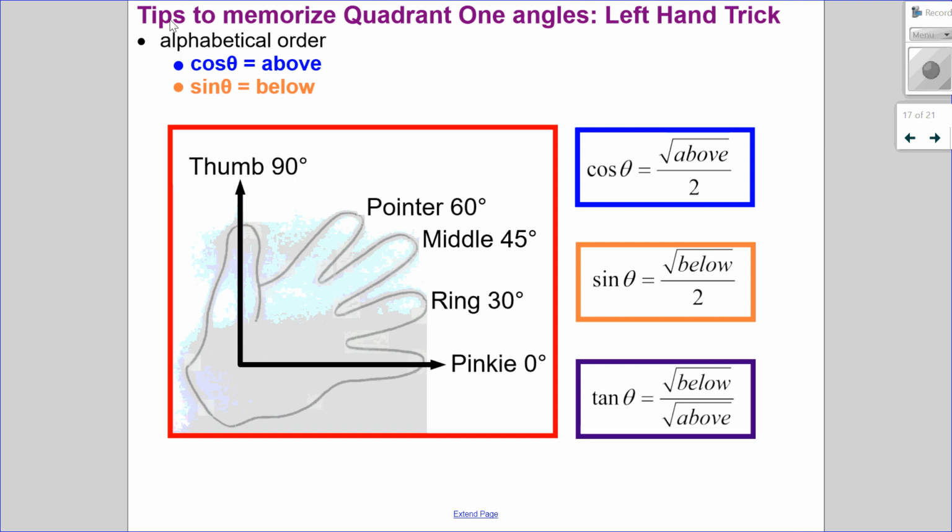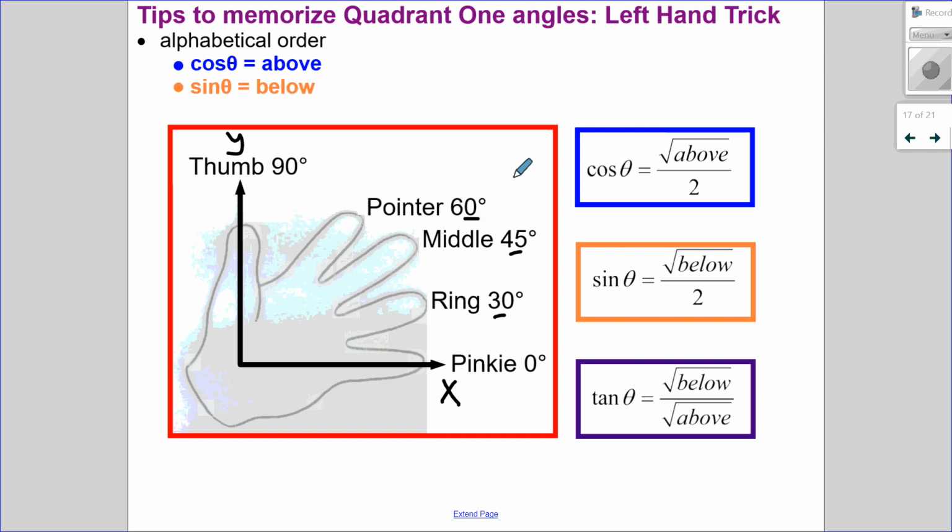You can hold your left hand up so that your pinky is along the positive x-axis, 0 degrees, and your thumb is along the positive y-axis at 90 degrees. And in between, you have 3 fingers, 30, 45, and 60, going in numeric order.